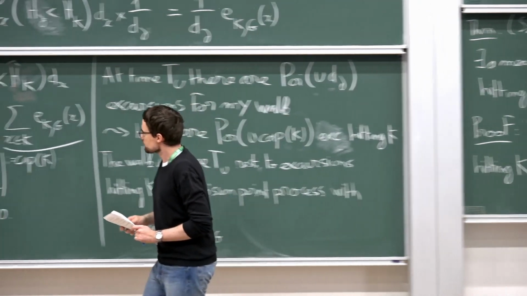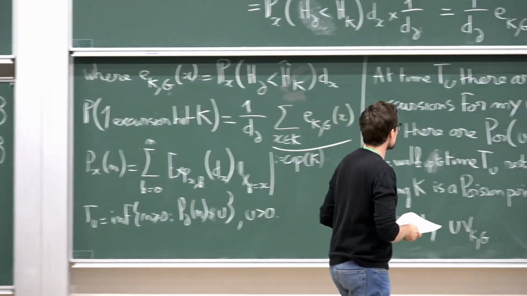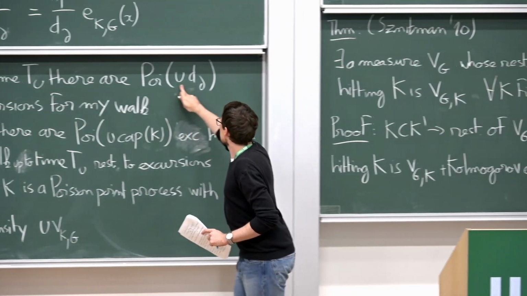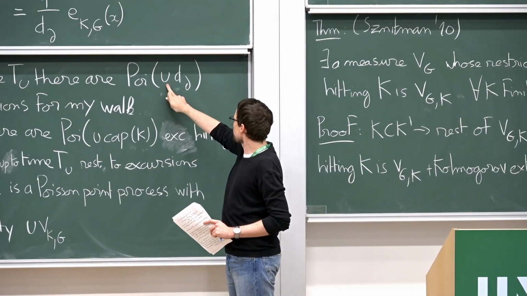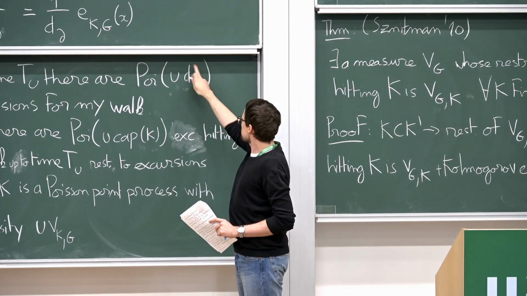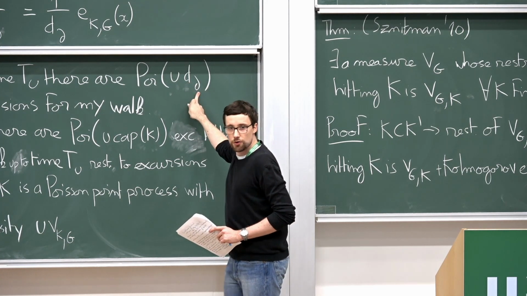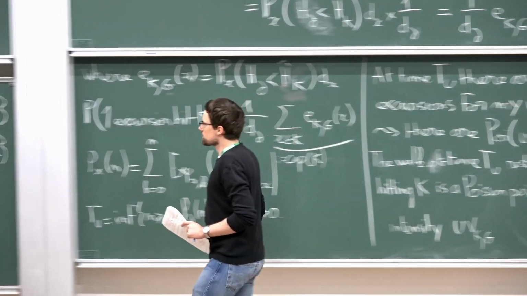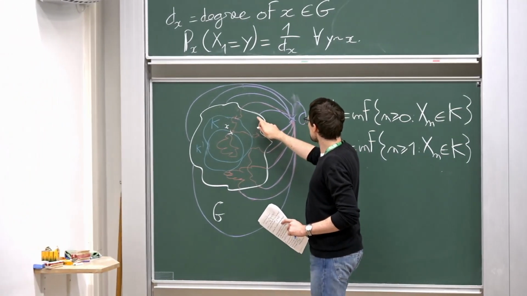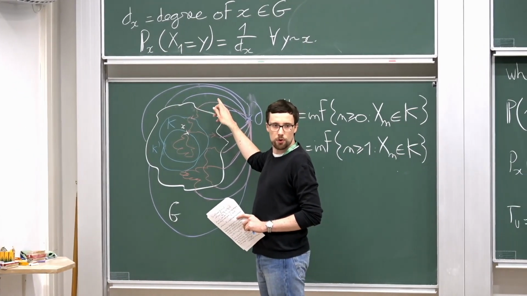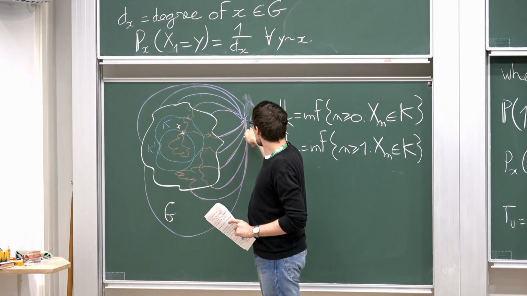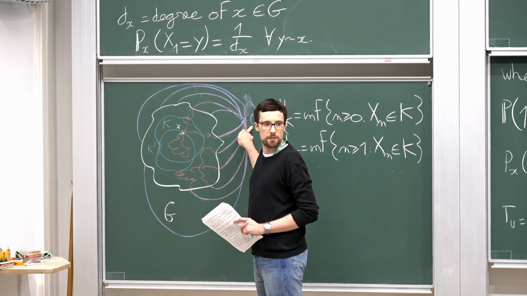Note that if you look at the total number of excursions, this is a Poisson random variable with this parameter, but let's say you're on Z^d, the degree of your boundary here explodes, because you have all the points on the boundary of your ball which are connected to your boundary. So you have like n to the d minus 1 of them.